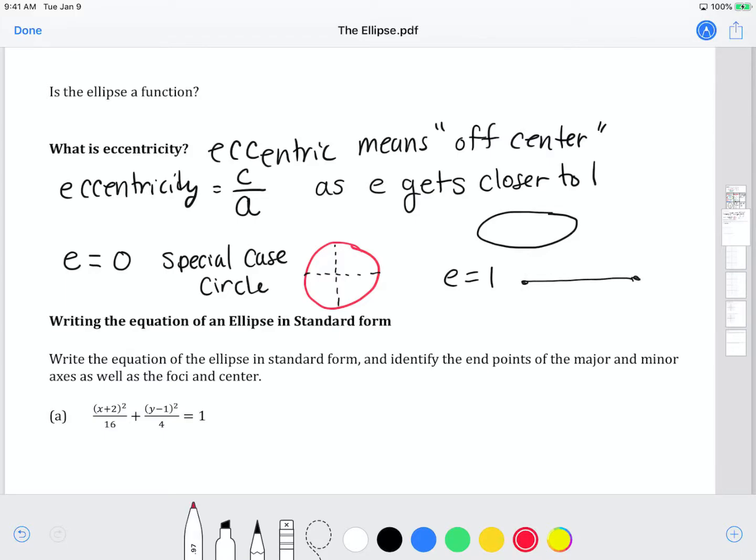So this would close in and it would get squished. The closer it is to 0, the closer it is to a circle and the more round it is. As E gets closer to the value of 1, your ellipse is more stretched out and elongated, and the closer you are to 0, it's more and more like a circle.